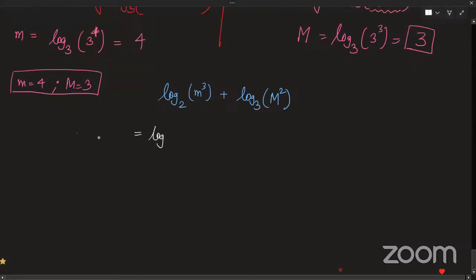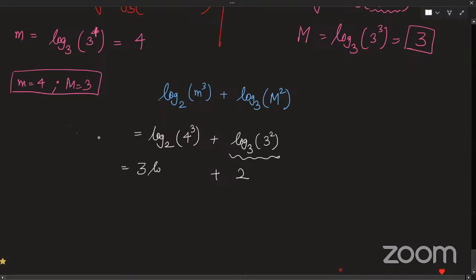So it is log base 2 m cube, 4 cube, plus log base 3 into M square, 3 square. So this second part, tell me the second part first. What is this? Log base 3, 3 square. 2. Correct. What about the left part? The left part is a little bit confusing, but not very much.